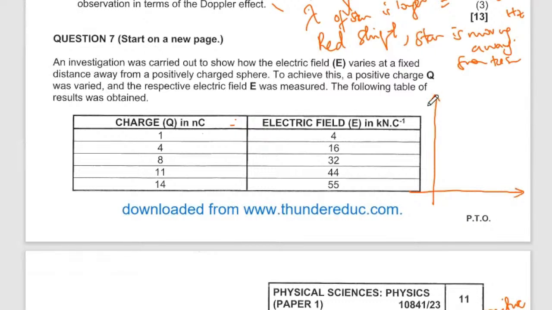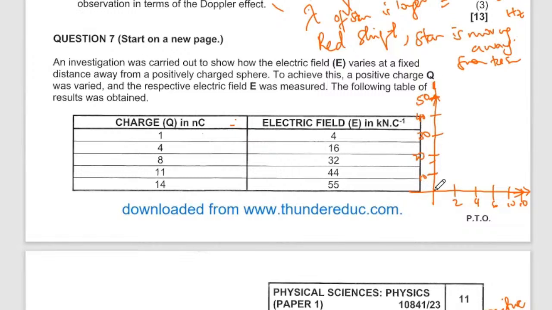There's a graph page. I'm just going to use 2, 4, 6, 8, 10, and so on. Then here I can use 10, 20, 30, 40, 50, and so on.